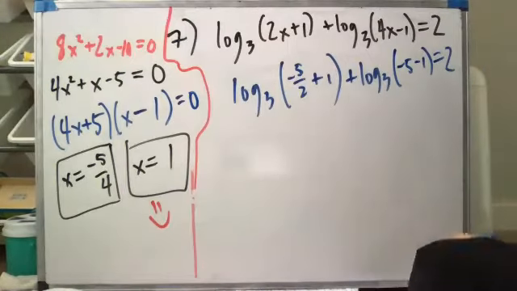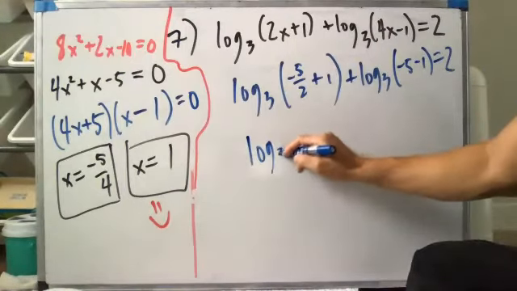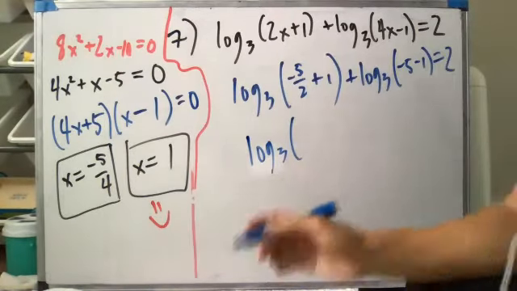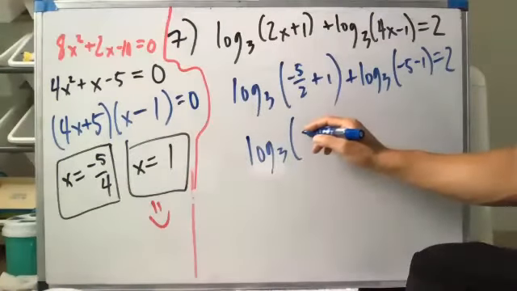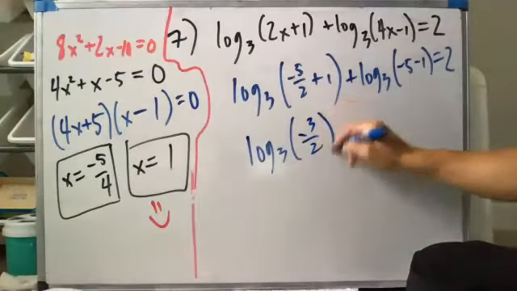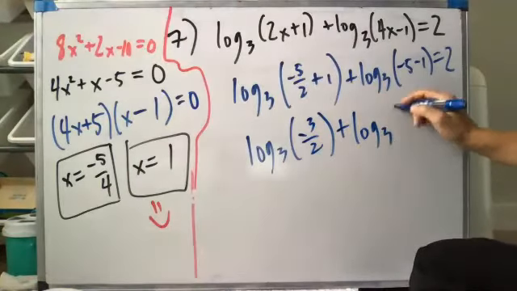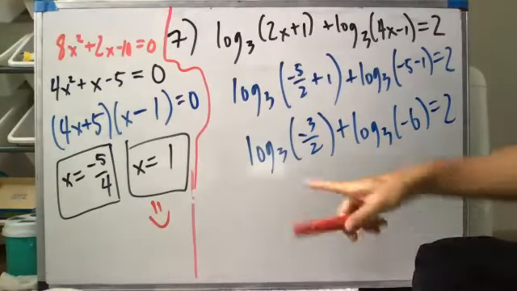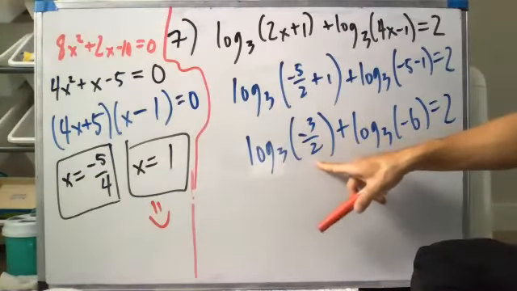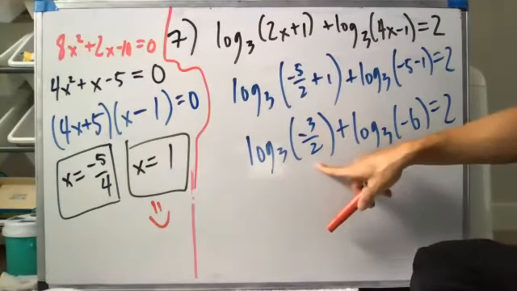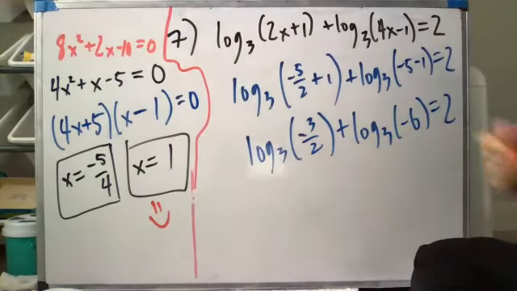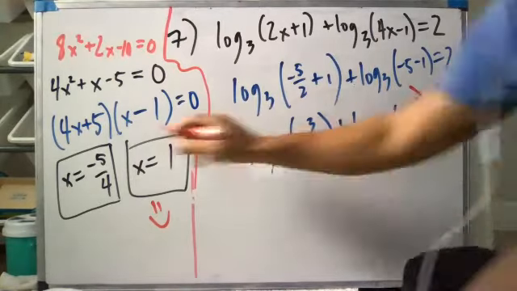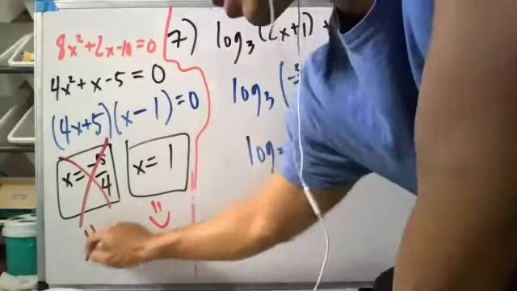Okay, here's the problem. I have log base 3 of negative 5/2 plus 2/2, which is negative 3/2. And this is log base 3 of negative 5. But this is not true because I cannot take a log of a negative value. The log function is undefined for negative values. Same for here. So this is actually not a solution. It's not true, which means this was actually not a solution. It's a false alarm solution.